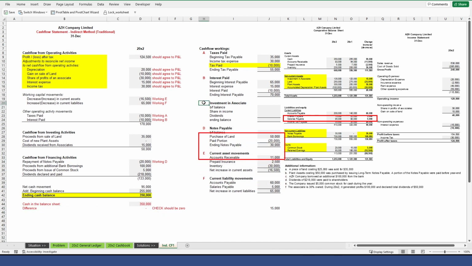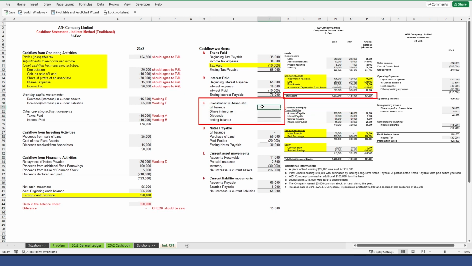How about investment in associate, Working C? Let's check it out. The brought forward balance, or the beginning balance of the investment in associate, is 120. The ending balance is supposed to be 135. We know that the share in income in the income statement was recorded as 30,000.